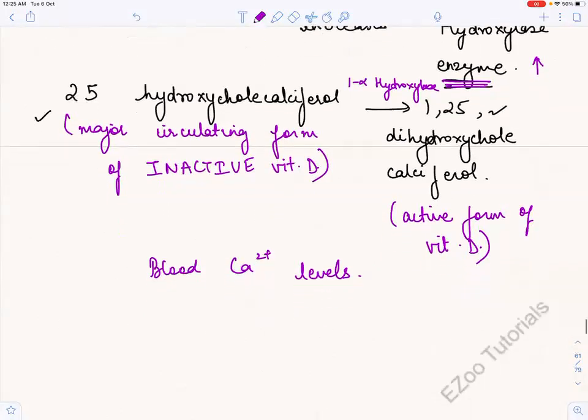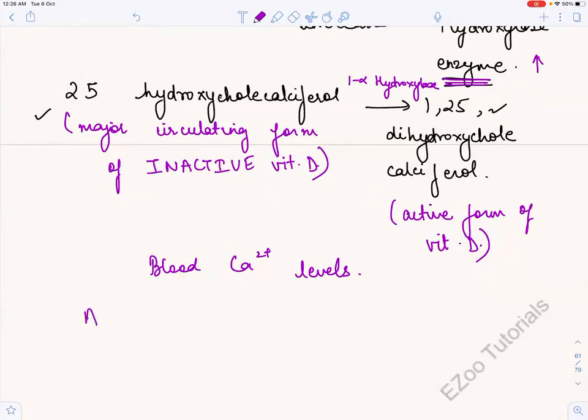Why? Because the activated vitamin D is responsible for absorbing more calcium in the intestine, right?